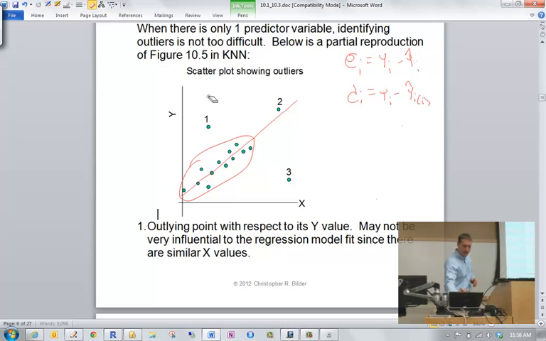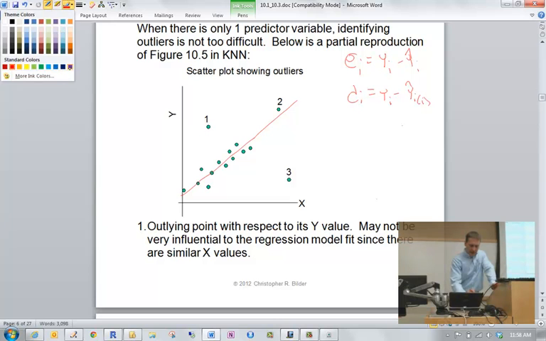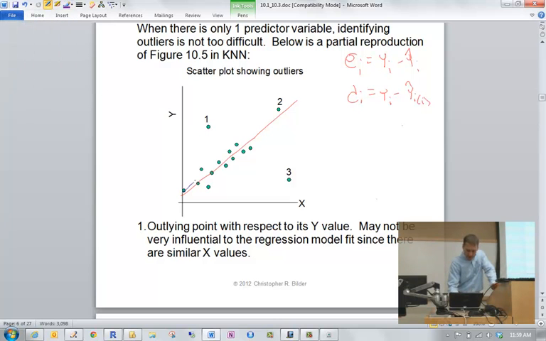Okay? And let's say also I add observation 1. Do you think the residual and the deleted residual will be that much different? No. And if you remember why, because what's going to happen to this model is it's just going to move up a little bit.